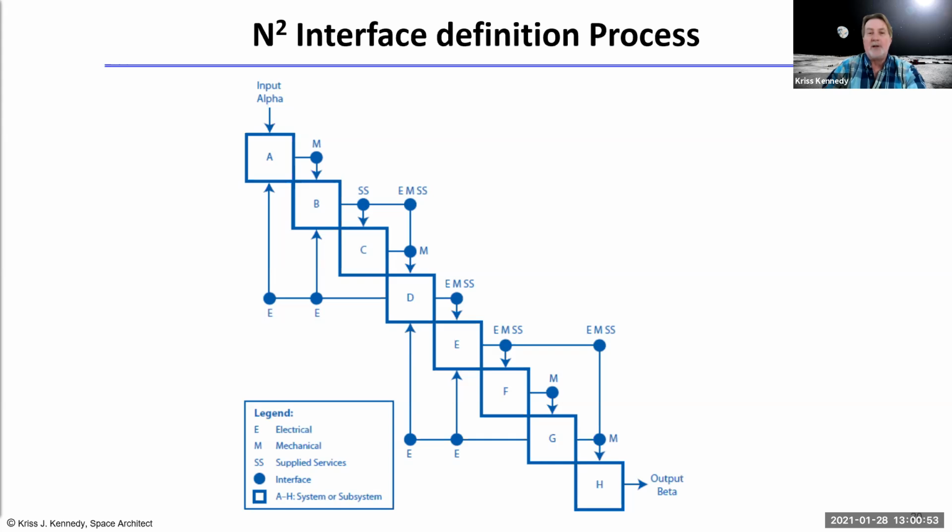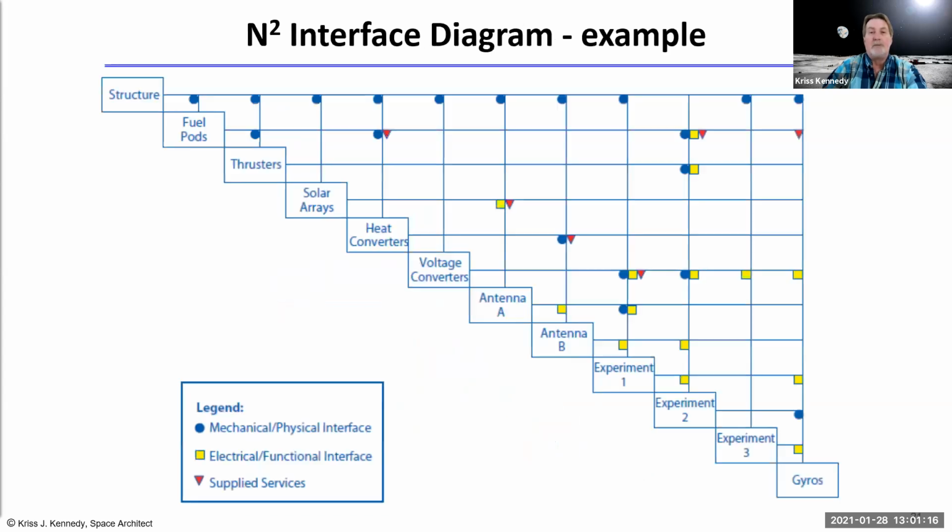You also may have an electrical interface between B and A, and also D and A, and D and B. So you can see you can have multiple types of interfaces connected to them. So this is one way to go through that diagram and begin to define those interfaces and what type of interface: electrical, mechanical, supplied service, etc.